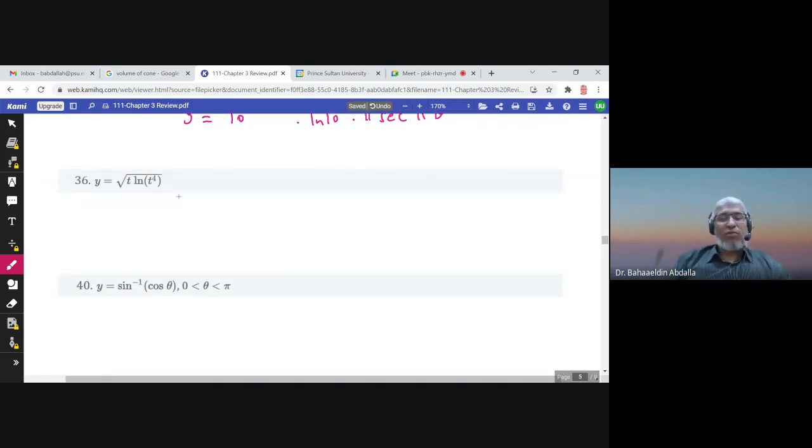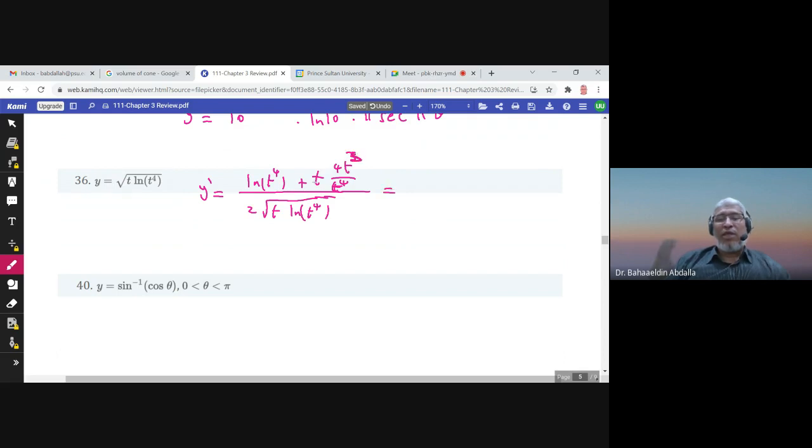So y prime is 1 over 2 times the square root, and inside the square root I have a product. So derivative of t is 1 plus t times the derivative of ln t to the power 4, which is 1 over t to the power 4 times 4t to the power 3.